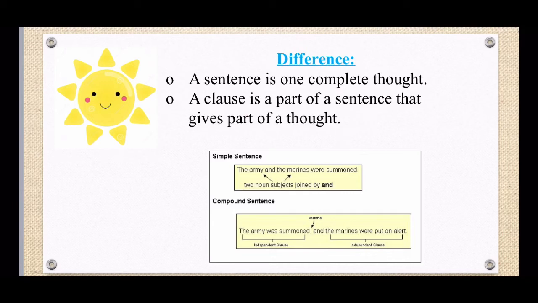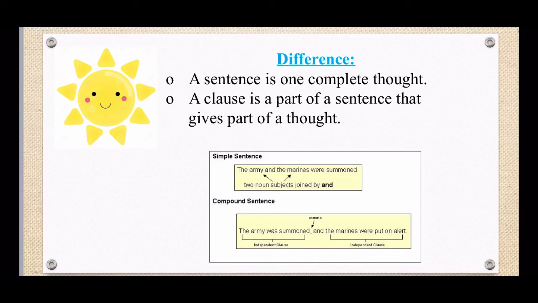And then here is more examples of a simple sentence. So the army and the marines were summoned. So there are two noun subjects joined by and, right? So the army and the marines, they are joined by the word and, right?